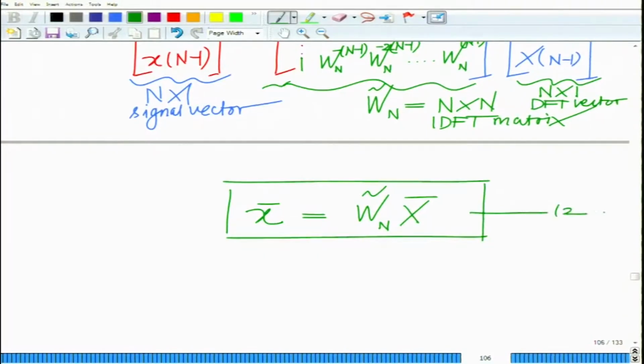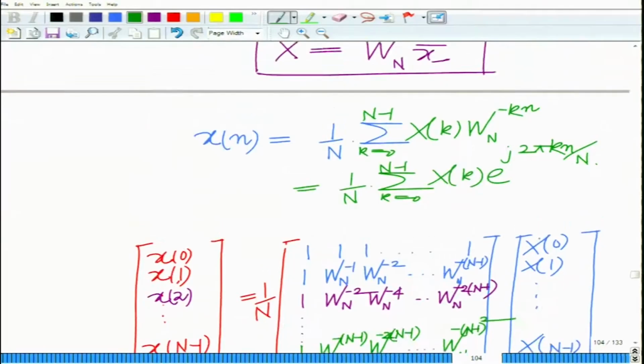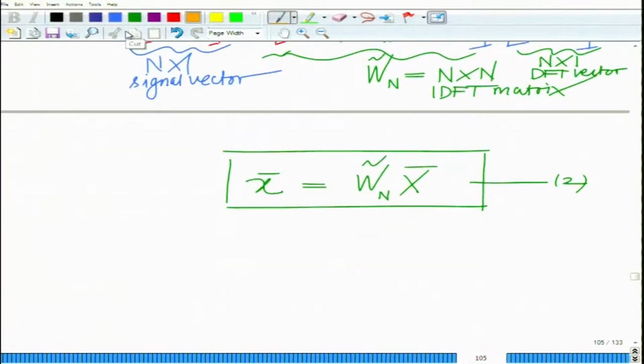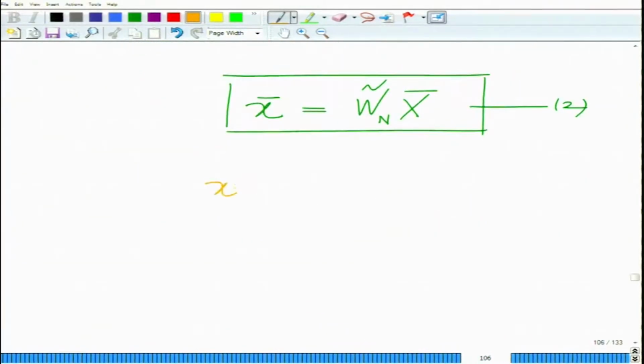If you call this equation 2 and you call the earlier one equation 1, it is but natural to see, from 1 and 2, that x bar equals W N tilde into X bar, now substitute for capital X bar from 1, that is W N tilde into W N into small x bar.